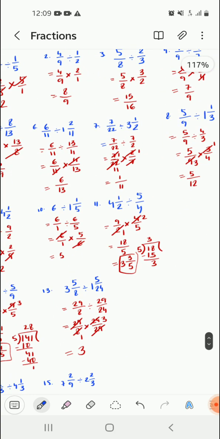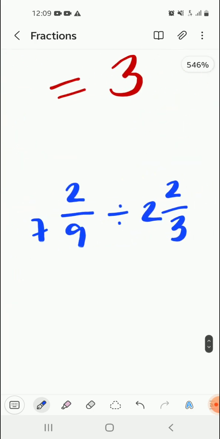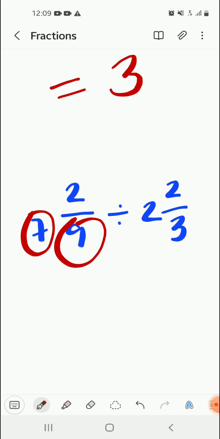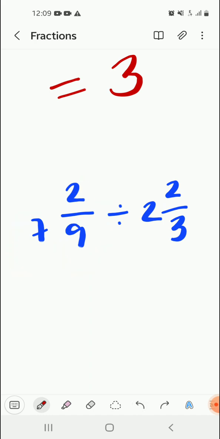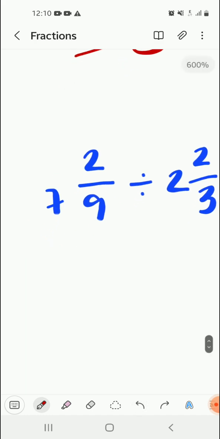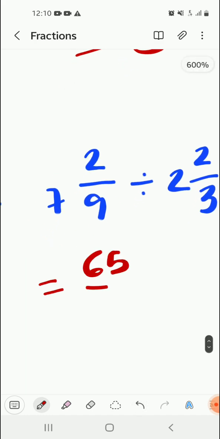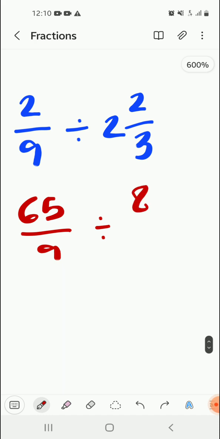Now see, the first step is we are going to convert the given mixed fractions to improper fractions. So here 7 into 9 is 63 plus 2, 65 by 9 divided by, next 2 into 3 is 6 plus 2, 8 by 3.